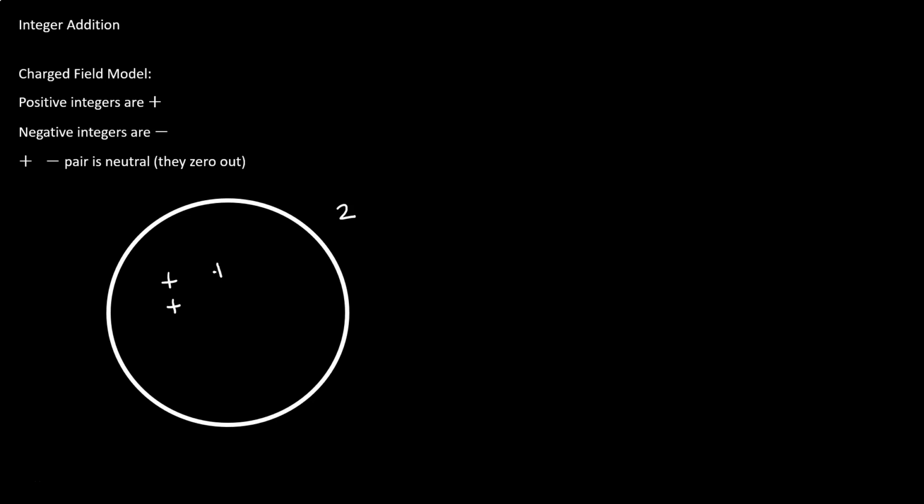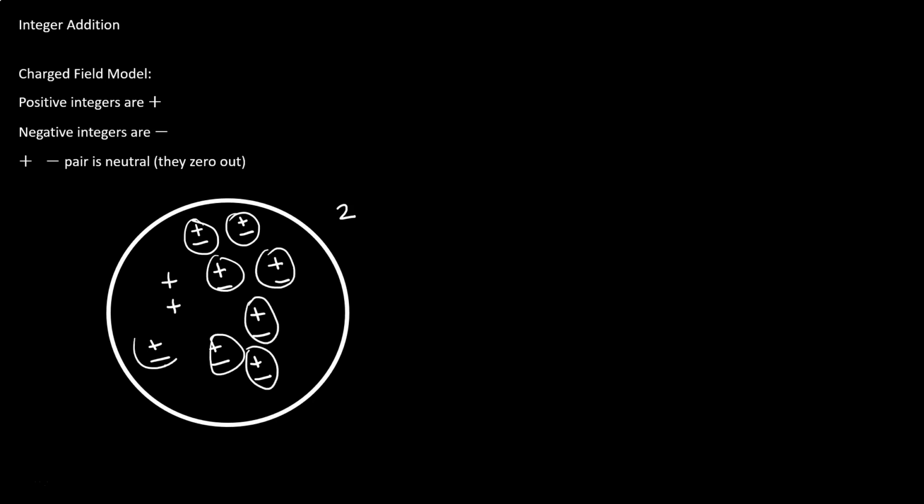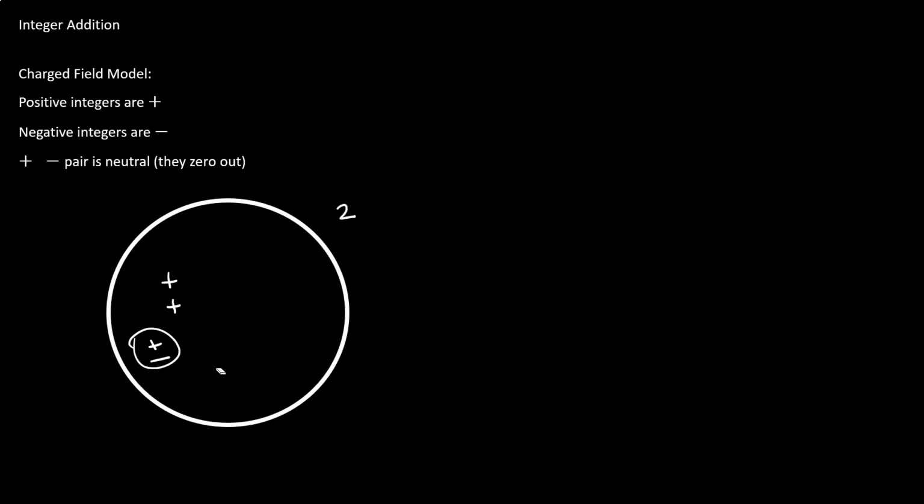But I could also add any amount of plus-minus pairs I want, and it's still keeping the net value in this circle 2. Because every one of these plus-minus combos is like a big fat 0, and it doesn't affect the overall value in the circle. So I could remove every plus-minus combo I've got and see that I'm still left with 2 positives.